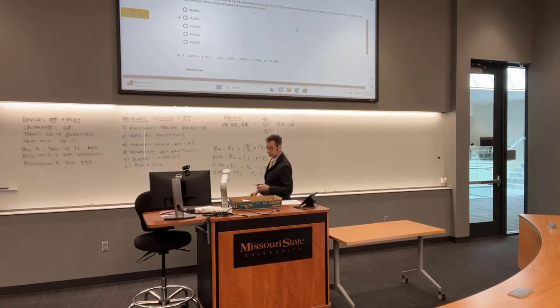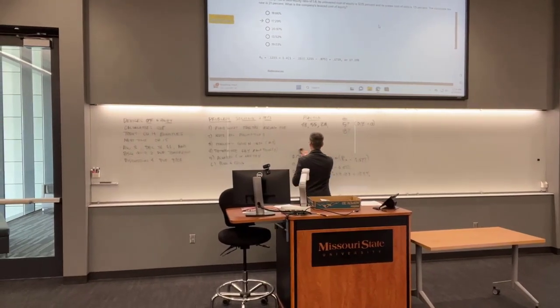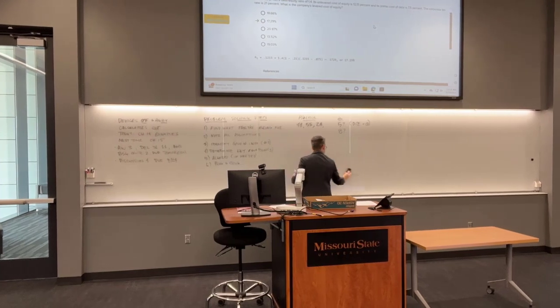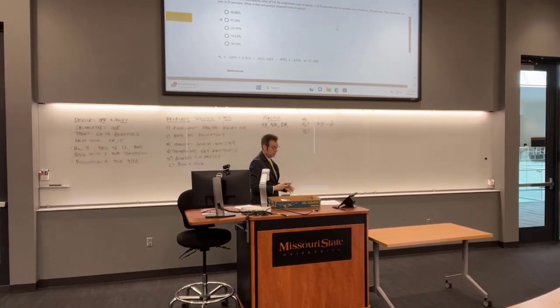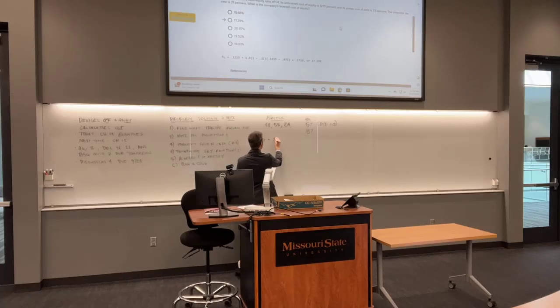I'm going to erase all this so we can put some more stuff on here. Okay, just make sure I get it right. R sub S, our cost of levered equity, is equal to R sub 0, our cost of unlevered equity, plus B over S. What's another name for that thing?